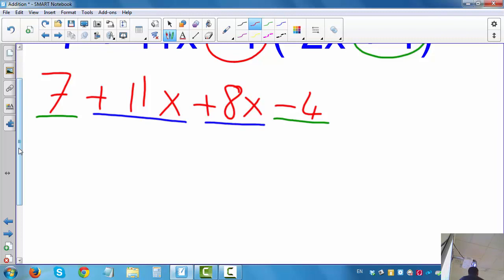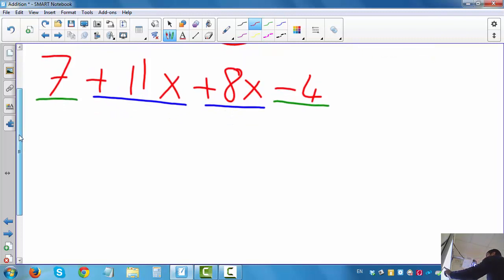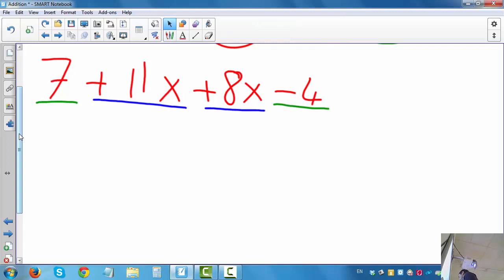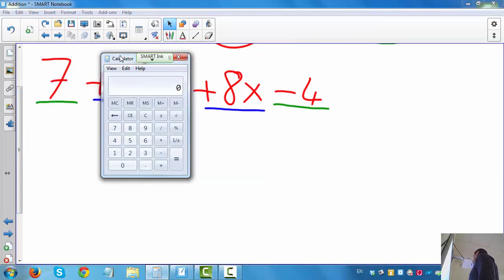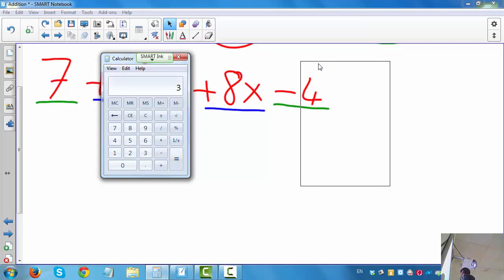So let me organize this now. This time I'm going to use my calculator, and here I have regular 7 and there I have minus 4, equals to 3. Let's write that down.